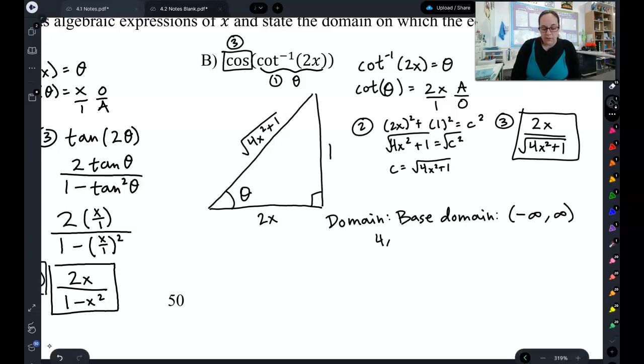We know that whatever is inside the even root must be greater than or equal to 0. Whatever's in the even root has to be positive. However, because that root is also in the denominator, it cannot equal 0, because that would be dividing by 0. So we're just going to say whatever's in the root must be greater than 0, because that root is in the denominator. So let's try to solve this.